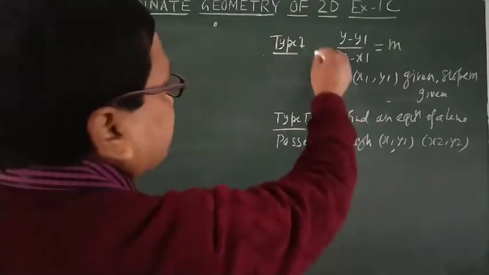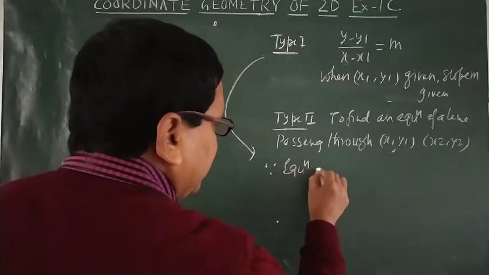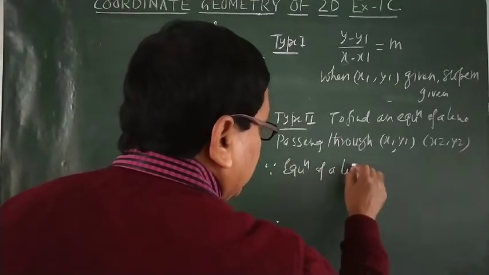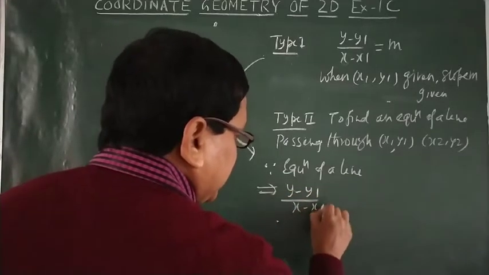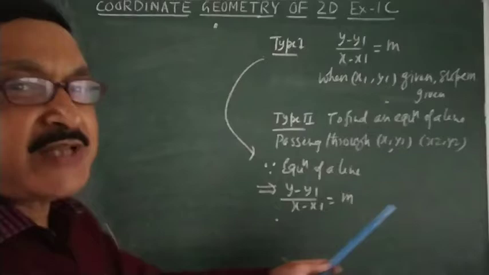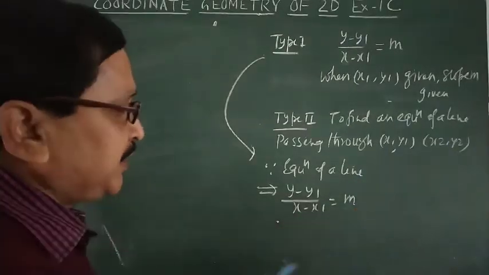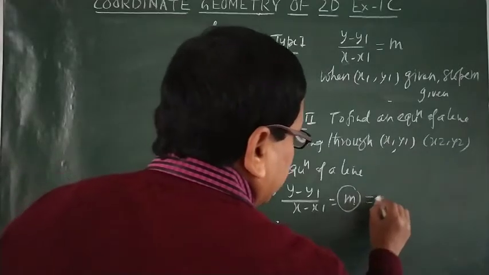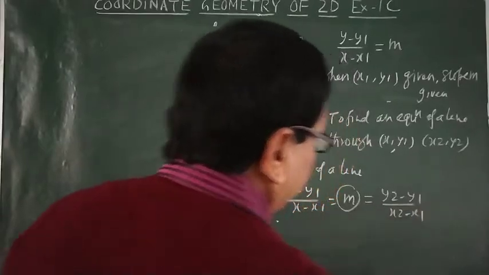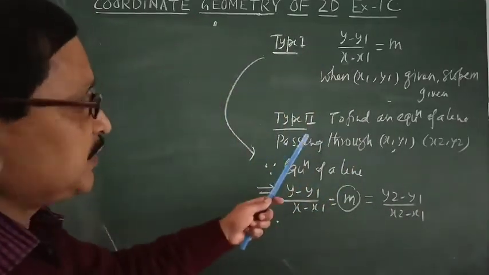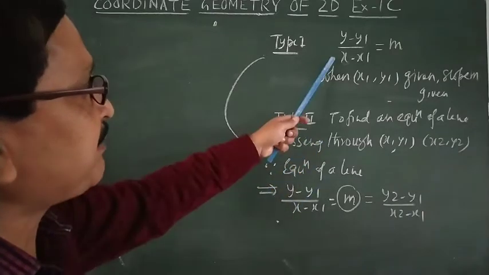We can use the first type: the equation of line is (y minus y1) by (x minus x1) is equal to m. At the same time you know how to find out the slope of the line joining 2 points. So this m can be replaced by (y2 minus y1) by (x2 minus x1). You can avoid this type 2 because the problems of type 2 can be done by the first method.